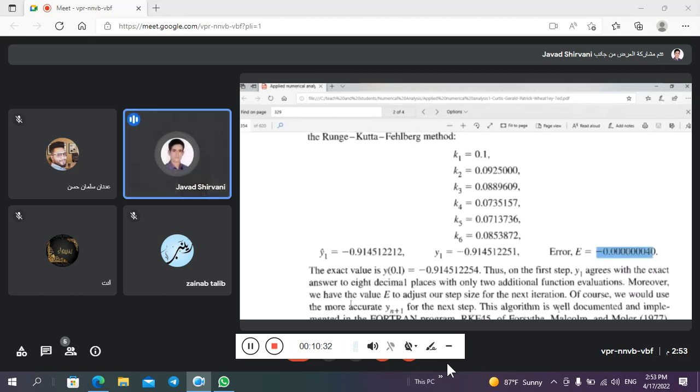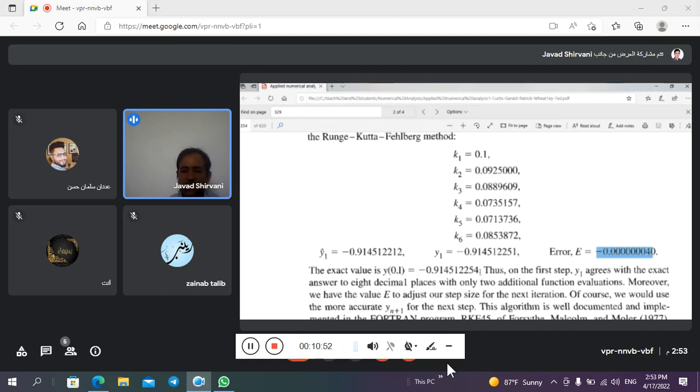The exact value at the point 0.1 is minus 0.9145, and you can see other digits of that.